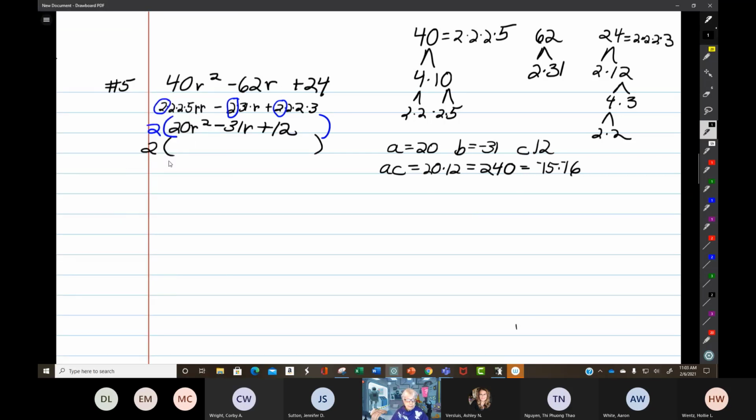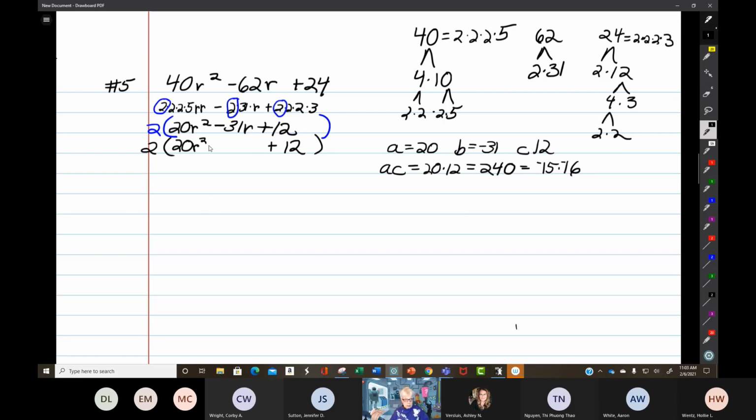Well then, here we go. Negative 31 is going to split apart. 20r squared stays the same, and 12 stays the same.